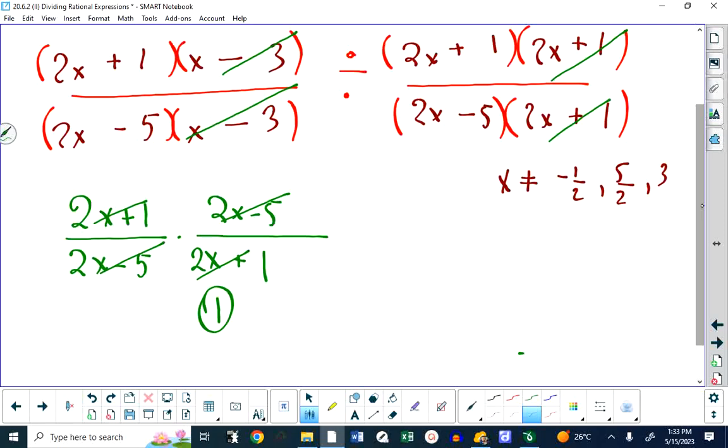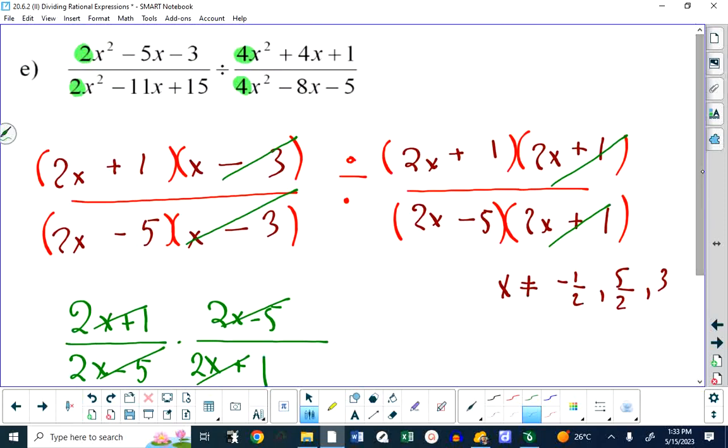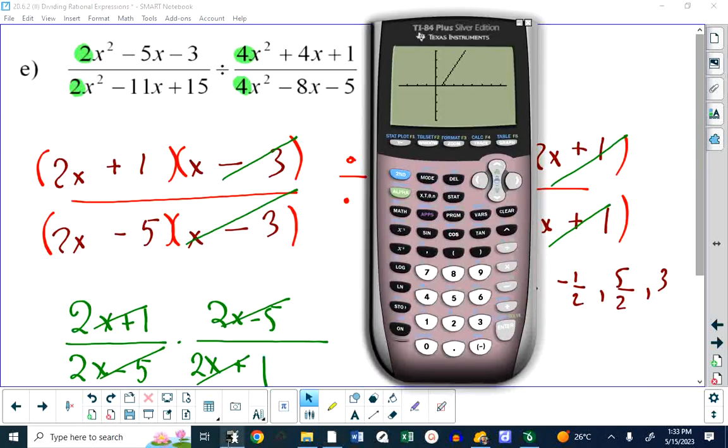I want to show something to you now. I'm going to graph this. It's going to be a bit of a beast for me to enter in, but it will be worth it. 2x squared minus 5x minus 3 divided by, and even though I don't need an extra set of brackets, I'm going to put that entire rational expression in its own set of brackets.